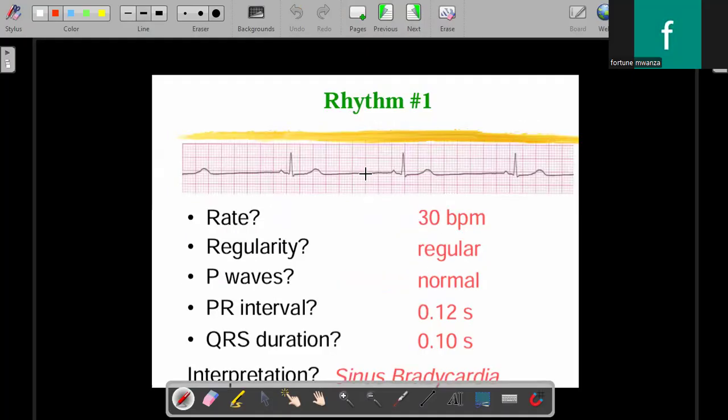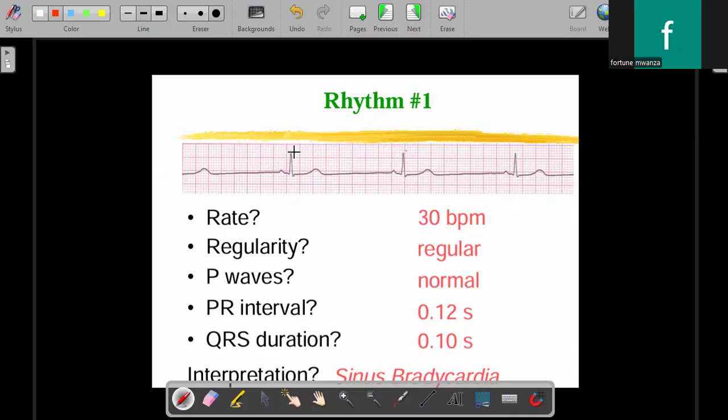Okay, so let's start with the first one. We are given an ECG there. If you check the regularity of this ECG, you use a sheet of paper, mark on the edges, then check the distance between the waves.